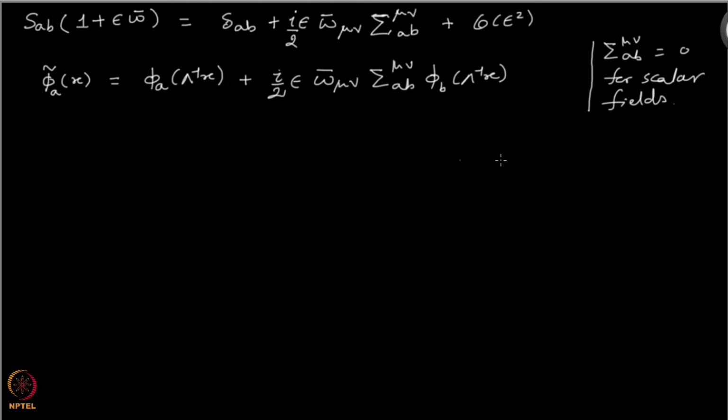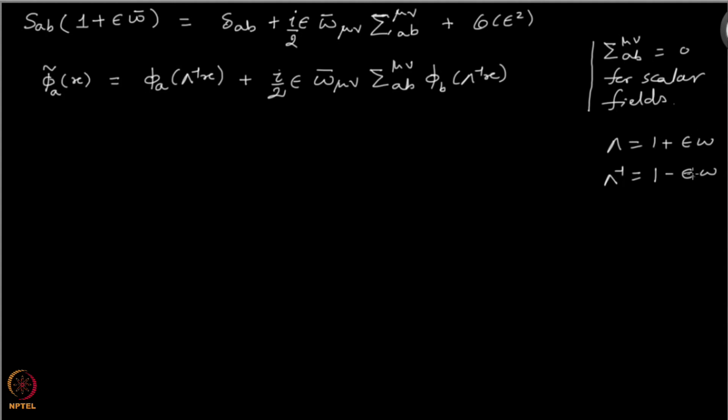And that's easy, because if your lambda is 1 plus epsilon omega, then your lambda inverse would be 1 minus epsilon omega, right? Because when you multiply lambda times lambda inverse, you expect 1, right?